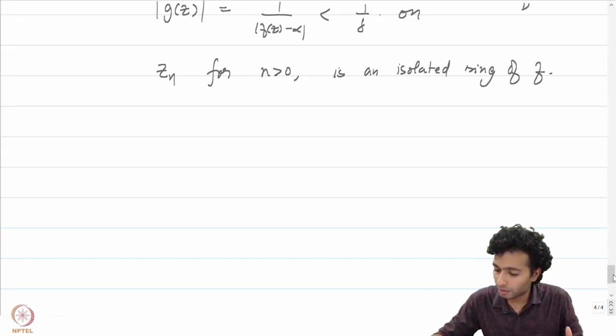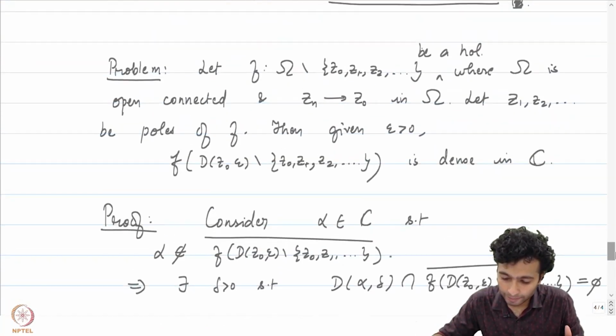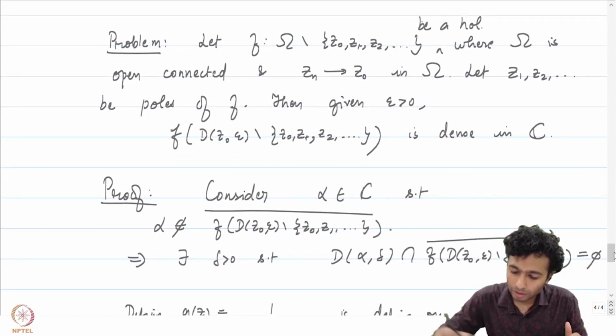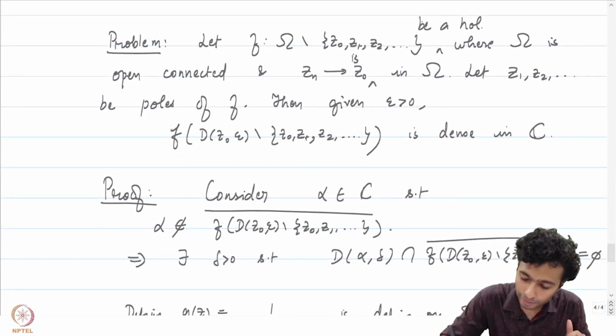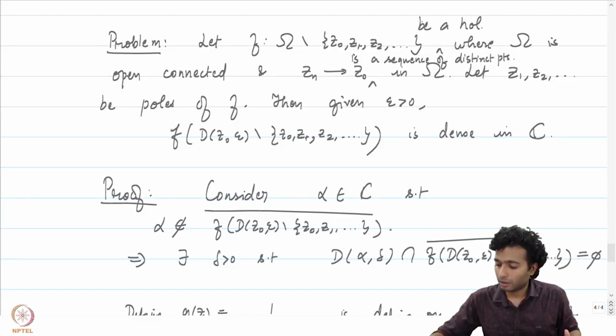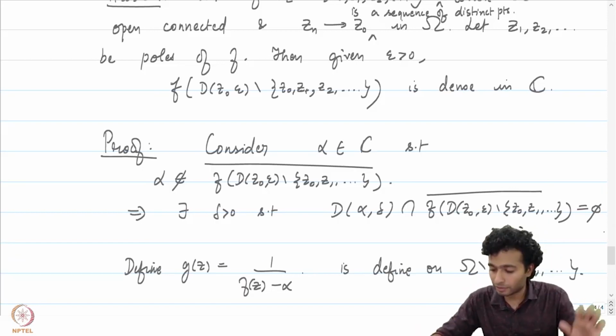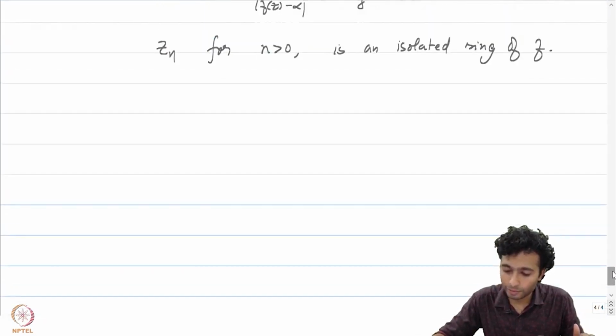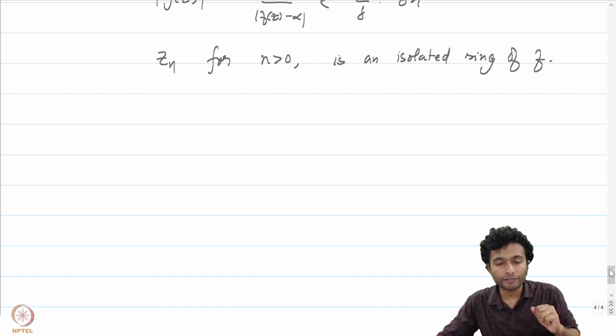Let me add one criterion here: it is a sequence of distinct points. Otherwise, the statement which I just mentioned will not be right. So the sequence is going to be distinct, and therefore each of these points is going to be an isolated singularity of f.